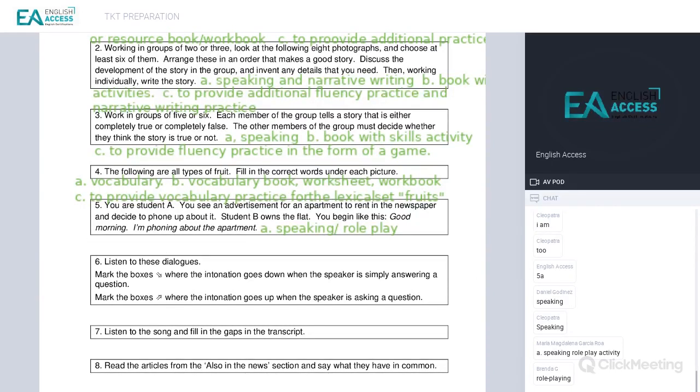Now, what about 5B? Where's this activity from? Okay, Brenda, you are correct. It's from a skill book.